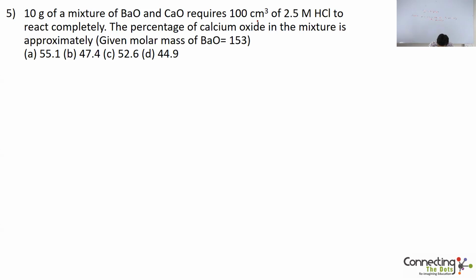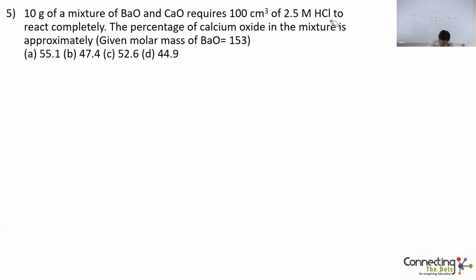Whenever these kinds of questions are given, if you first write the equation, that will give a better understanding. So here HCl is reacting with barium oxide and calcium oxide. Whenever you say metal oxides, they are basic. So obviously whenever something is basic, it will react with acid to form salt and water. That we know.